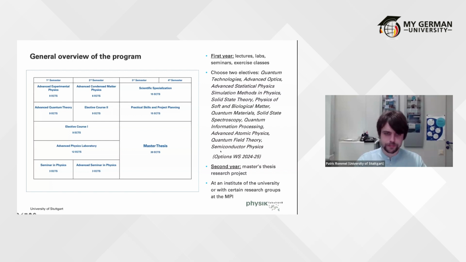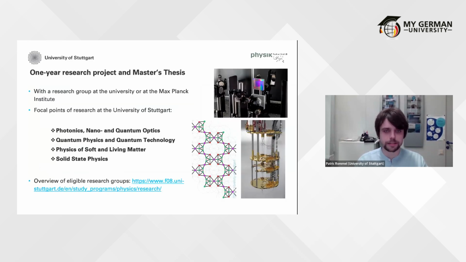I think this is a special feature of our program, that you really have the whole year and not 6 months or so. Right, so let me talk a little bit more about this. As I said, you can join the research groups at the university or certain selected research groups at the local Max Planck Institute. What kind of topics can you expect?